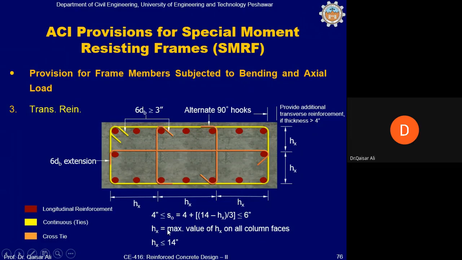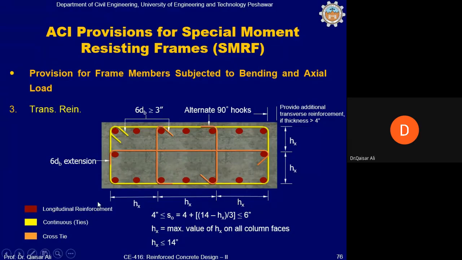And hx, what is hx? Hx is the maximum distance from one tie bar to another tie bar, or from one longitudinal bar to another longitudinal bar. Okay. And hx shall be less than or equal to 14 inch.